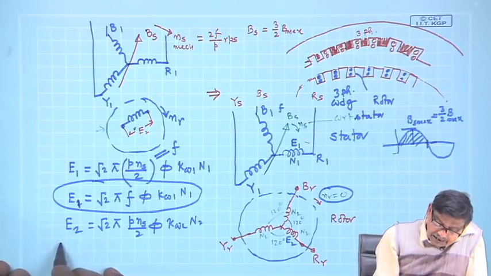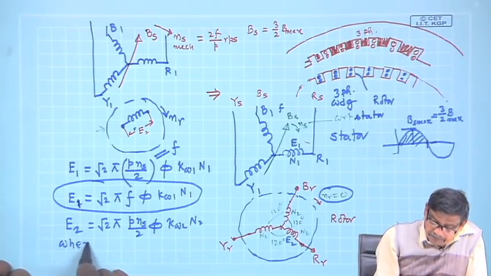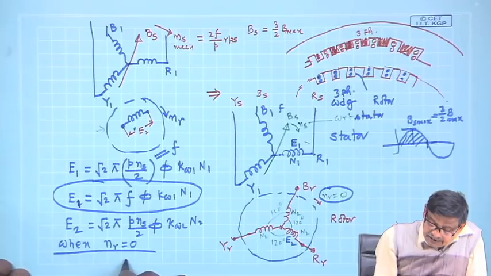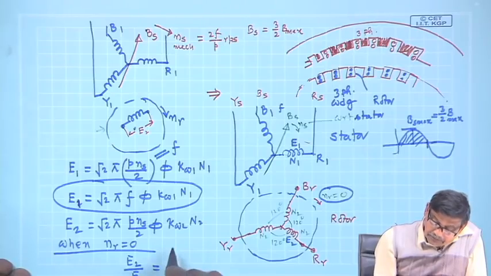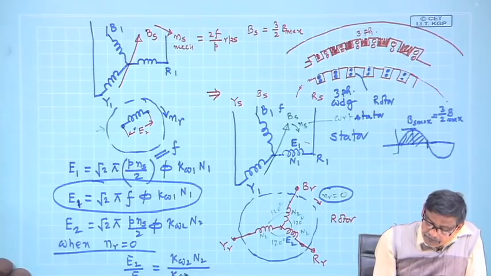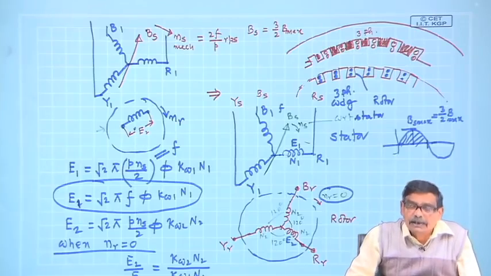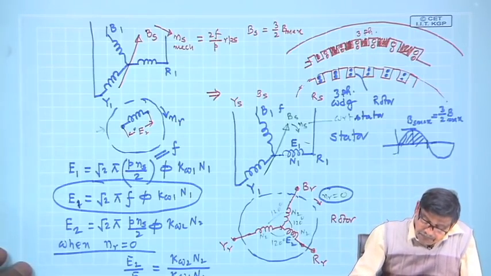Therefore, when Nr equal to 0, you can easily see that E2 by E1 will be equal to kw2 N2 by kw1 N1, almost like a transformer. It was N2 by N1, but it is now this.